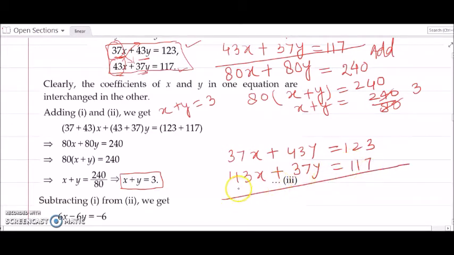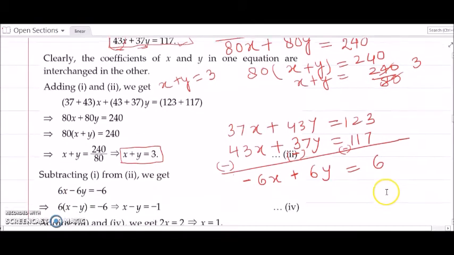You have to subtract. When you subtract, your sign will change. 37 minus 43, you will get minus 6x plus 6y is equal to 6.